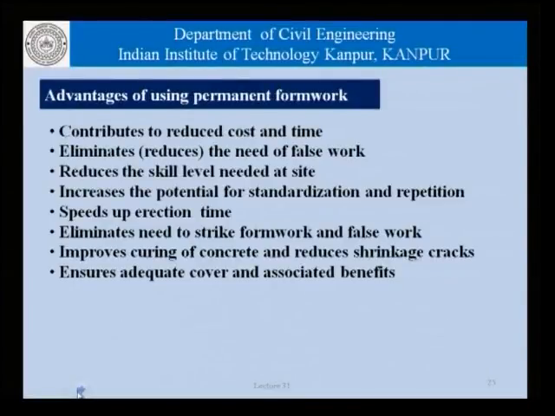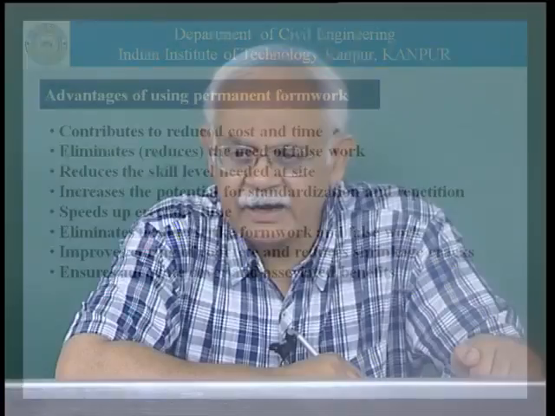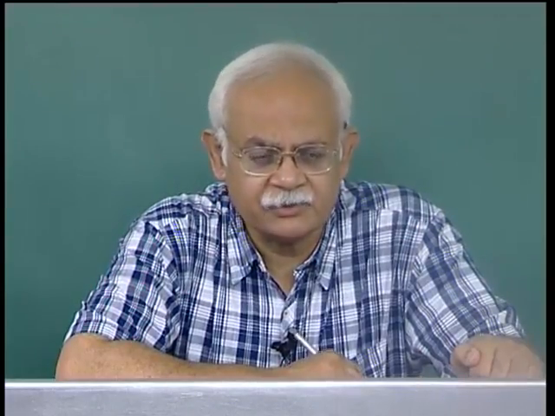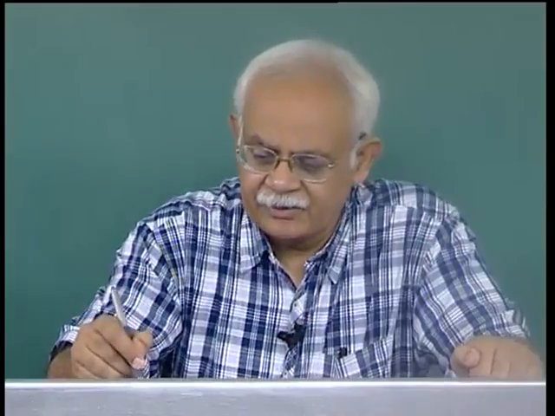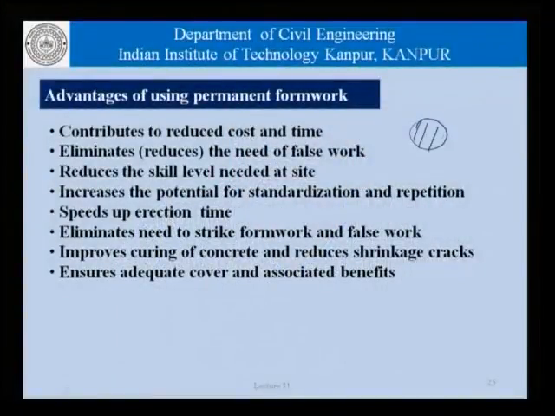As we try to draw in the previous picture, having permanent formwork effectively adds to the cover thickness. Now, depending on how a designer views the cover thickness, we have a reinforcing bar here, we have normal concrete up to this point, and this is our traditional cover concrete.